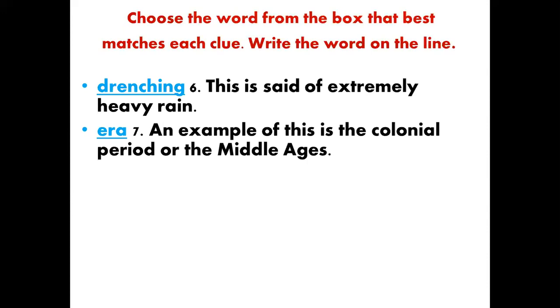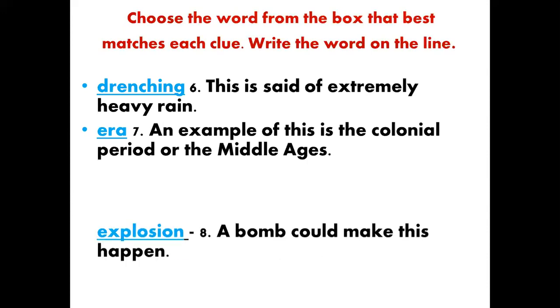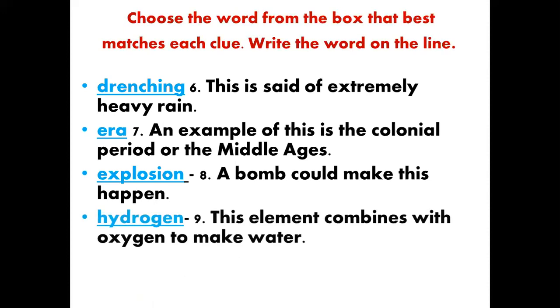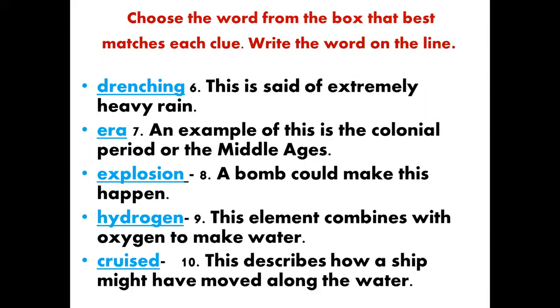Era. The next one, number 8, a bomb could make this happen. A bomb could cause what? Explosion. For number 9, this element combines with oxygen to make water. Oxygen and hydrogen combine to make water. So hydrogen is the answer. The last one is cruised. This describes how a ship might have moved along the water.